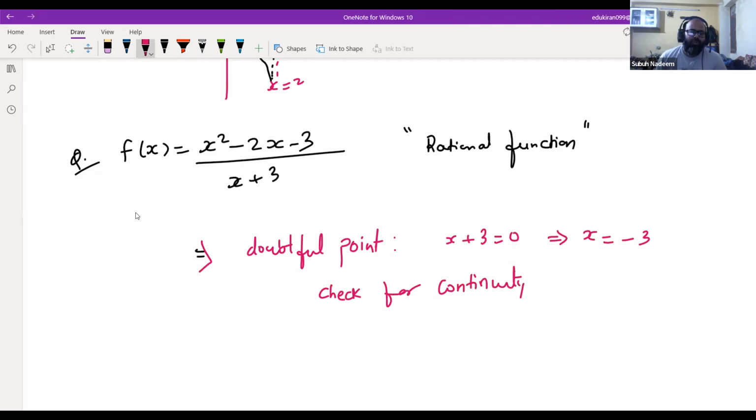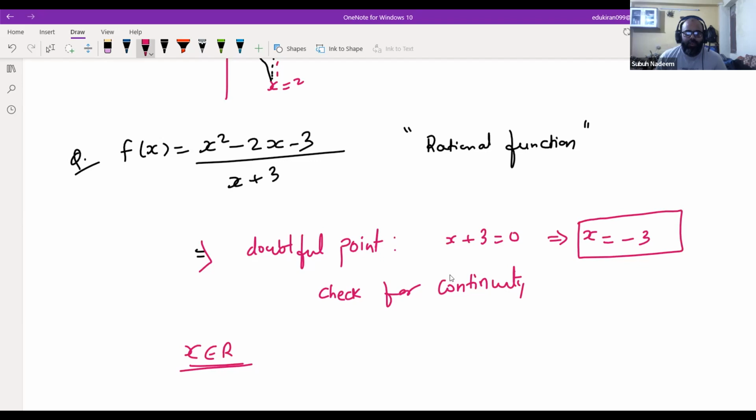Other values you put 1, you put 3, you put 7, you put minus 22.5, whatever value you put, x belonging to any real number, it is continuous. You will get a value. But at x is equal to minus 3, it is not defined because the denominator becomes 0.